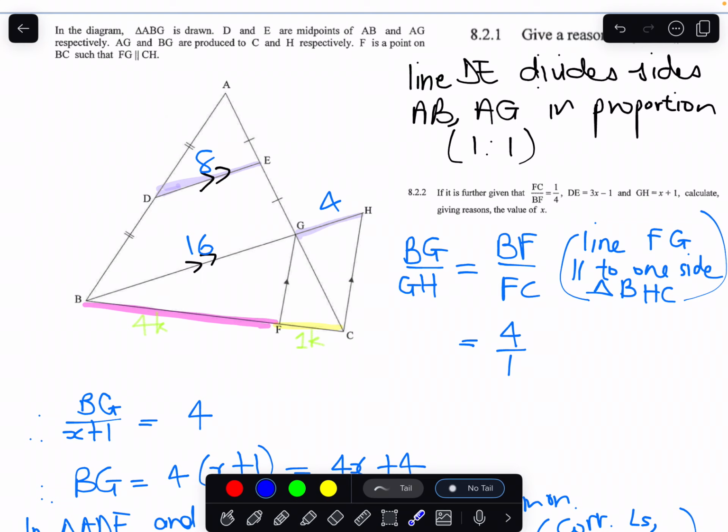Alternatively, we could have said converse of the proportional intercept theorem. I'm guessing that's another way of saying this. Interesting. Right, okay, so for 8.2.2, they do get x is equal to 3, which is cool.